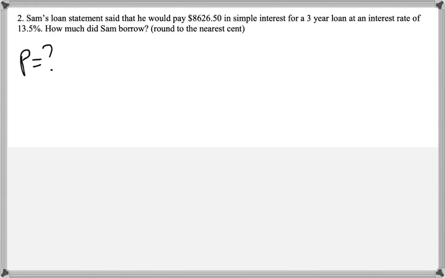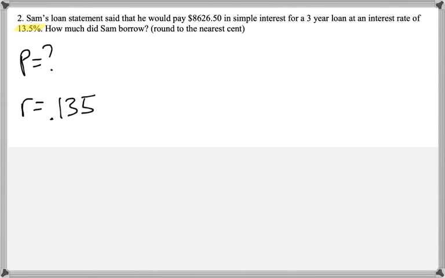I know that my rate is going to be 0.135 because I need to express the rate as a decimal. So I need to move the decimal point over 2 places.